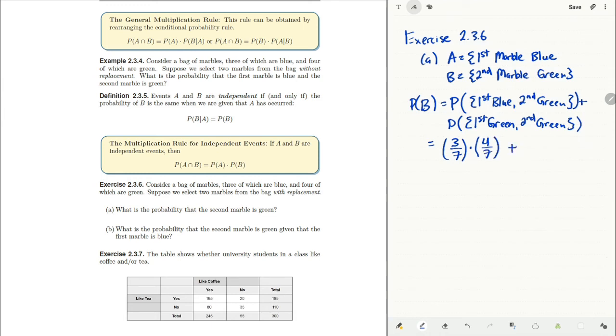Now we add this to the probability that the first marble is green times the second marble being green. So the probability that the first marble is green is going to be 4 out of 7. And the probability that the second marble is green will also be 4 out of 7, since we are selecting the marbles with replacement.